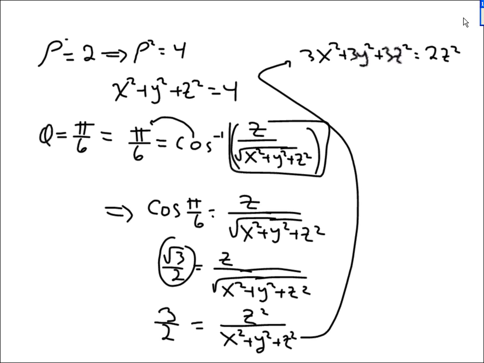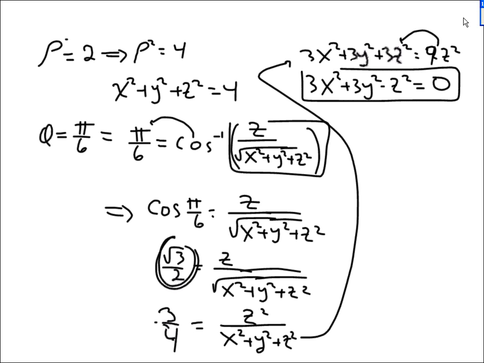Something went wrong here. When I square this, I should get 4 on the bottom, so the right hand side should be 4z squared. I anticipated that happening, and then it did it. Taking away 4z squared from both sides, I get this. And there is the equation of the plane.